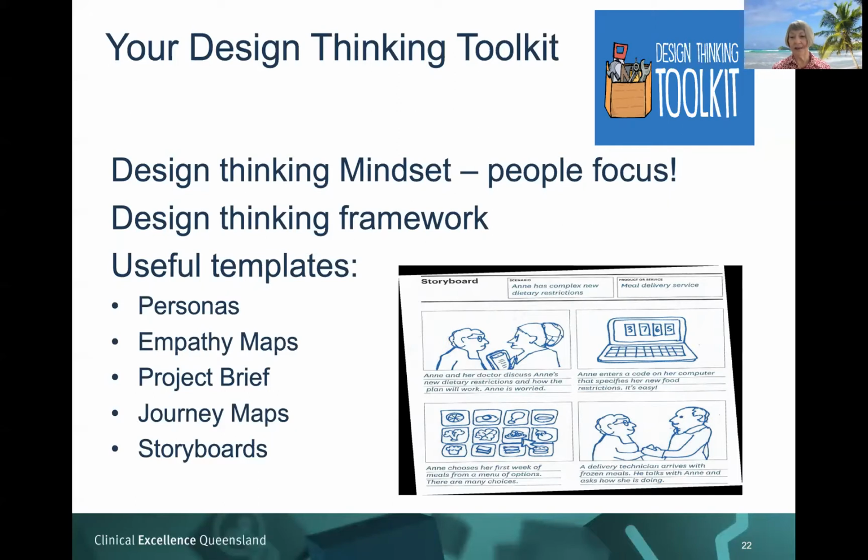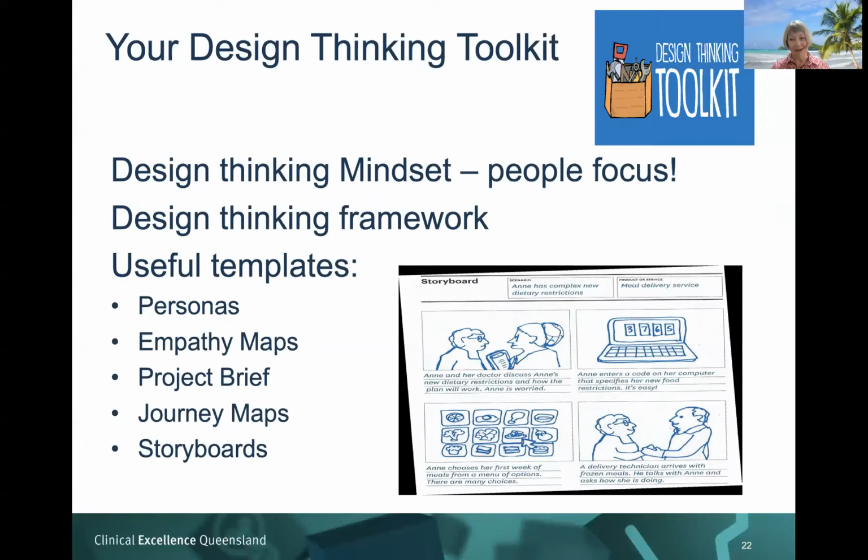Using the useful templates. Why? Because they bring information together. They're actually quite simple and easy to use, but also they become part of the whole terminology in ways of capturing information. Personas are really important because actually, when you think of what happened with our fellow Tom before, we've got some very different understanding now of what life has been for him in terms of his interaction with our organisation.